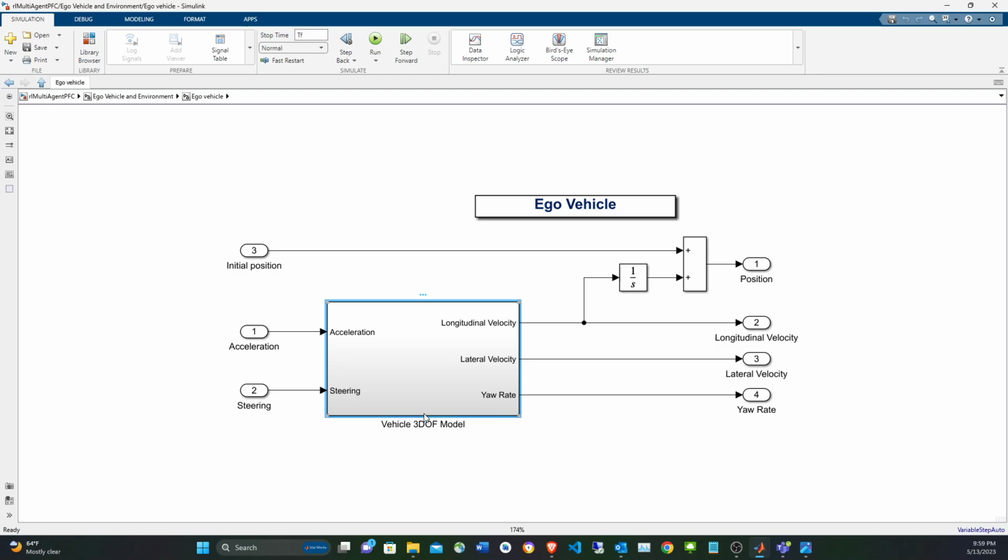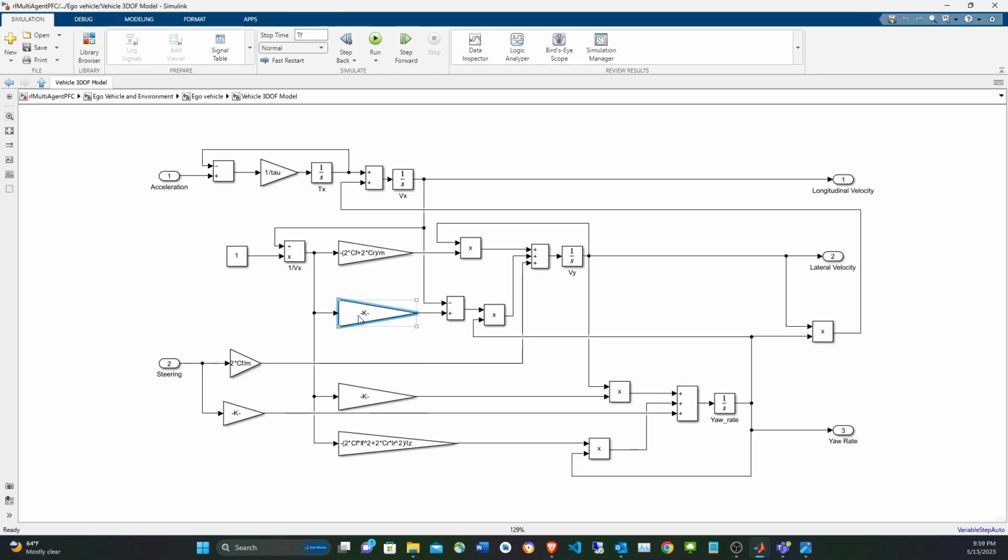This is the model. We have dynamics similar to the previous model that we saw in the last video. As in the Newton force equation, force is equal to mass multiplied by acceleration. So if you want the acceleration, you have to divide force by mass.